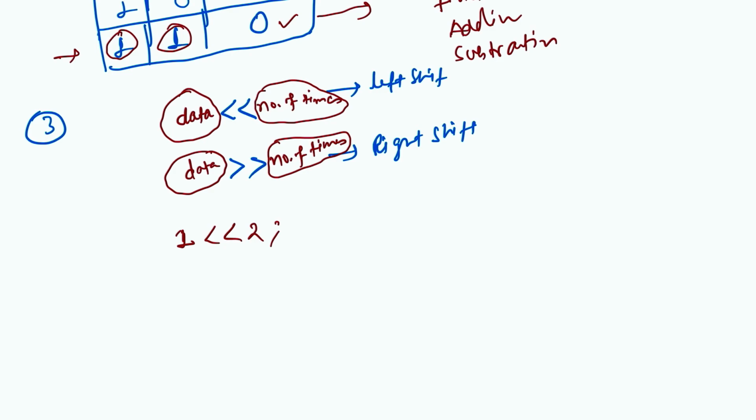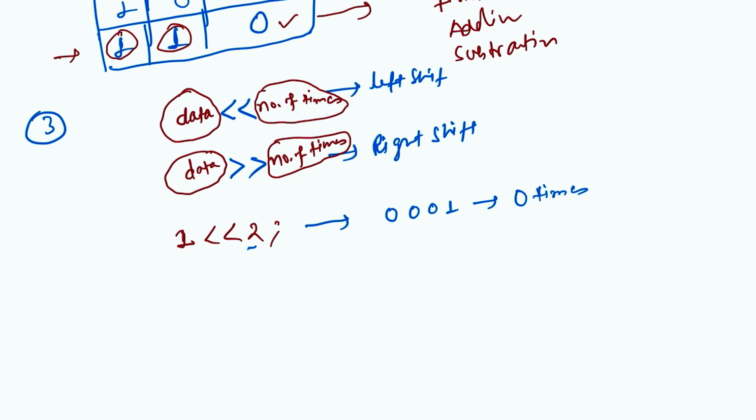First understand how it will happen if you want to shift 1 two times. The number is 0 0 1, this is the 0 times. Now you have to shift 2 times.